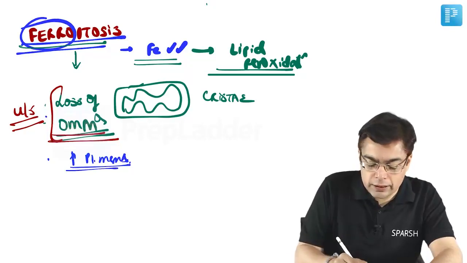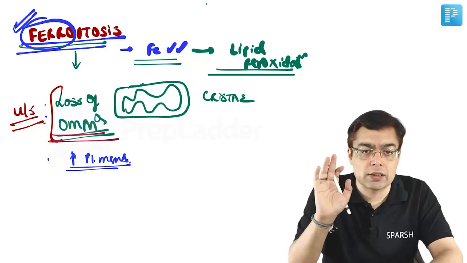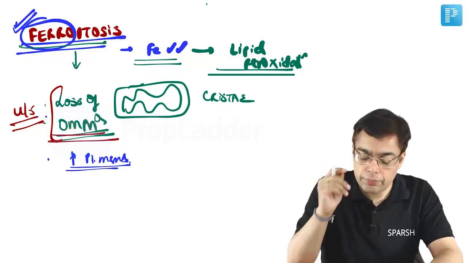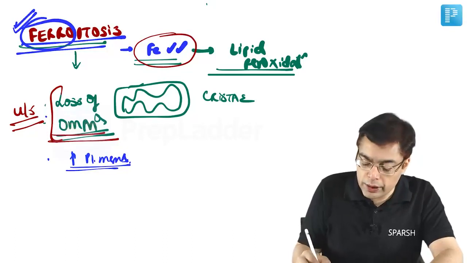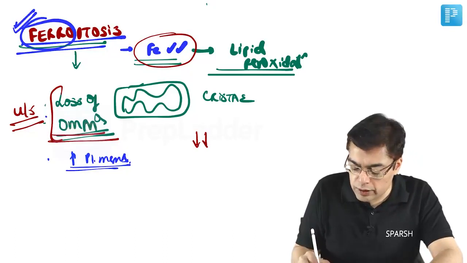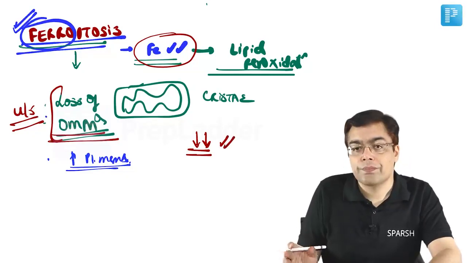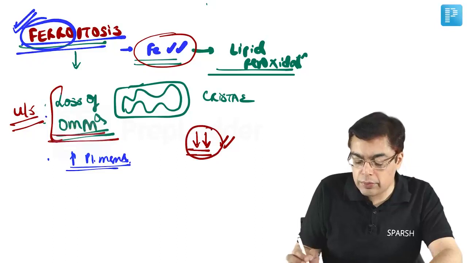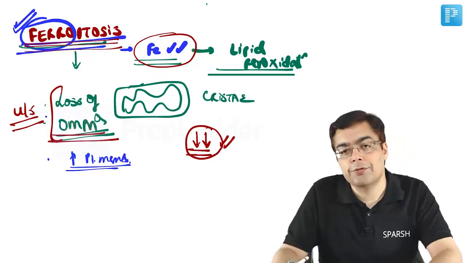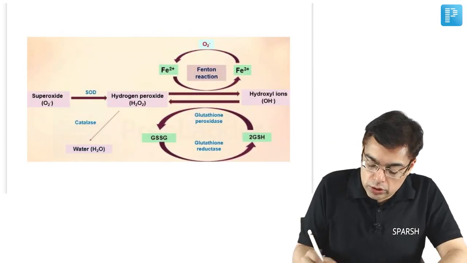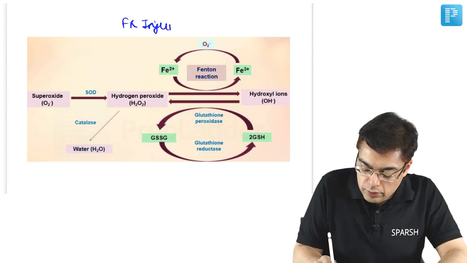Now we need to be familiar with the fact that ferroptosis is a process regulated by specific signals, essentially because this is an iron dependent pathway. So the moment you reduce the concentration or availability of iron, this process is going to be reduced. So reduction of the availability of iron is likely to reduce the death of cells because of ferroptosis.